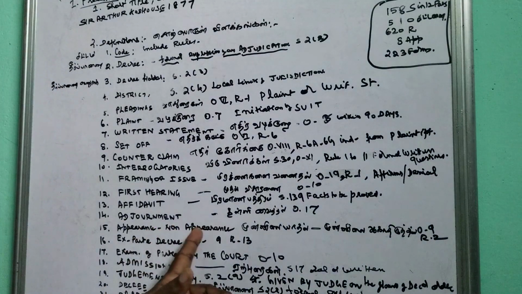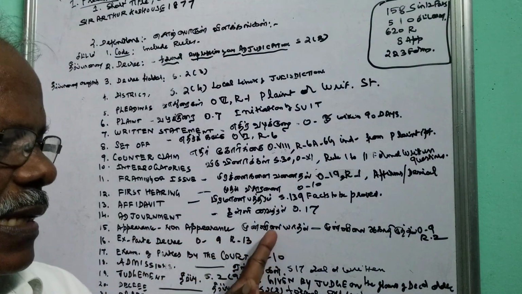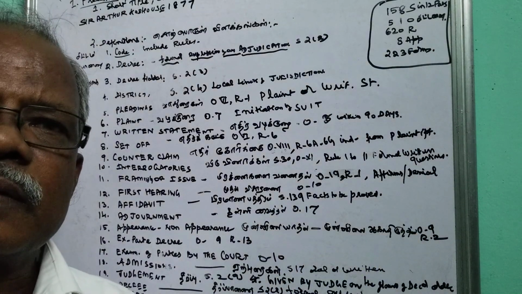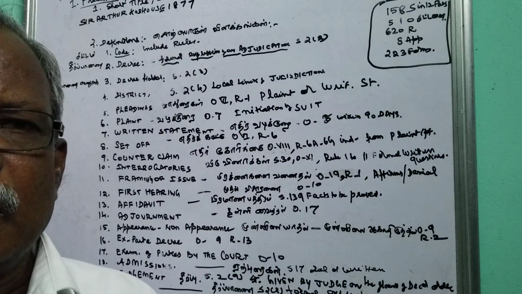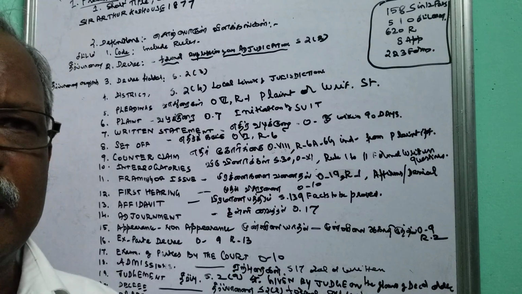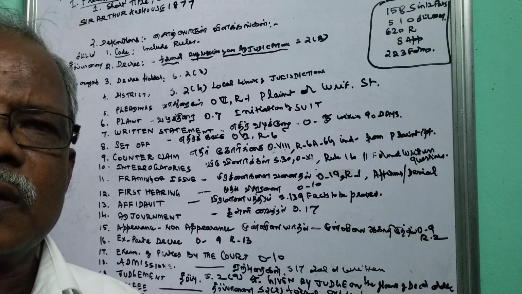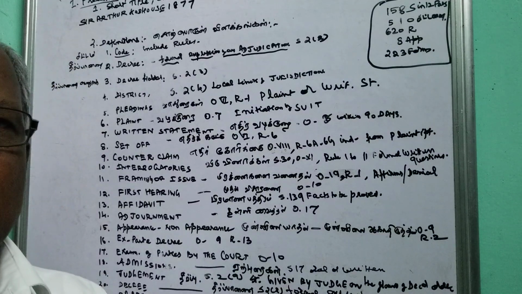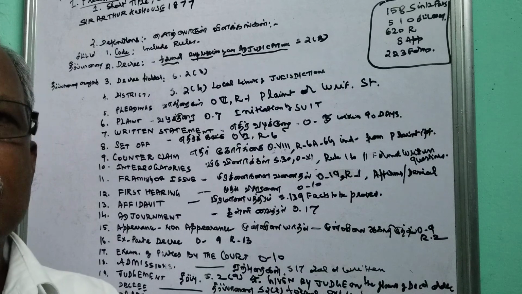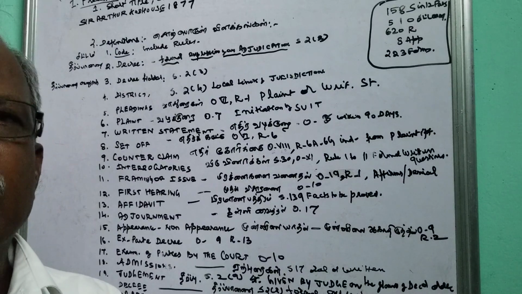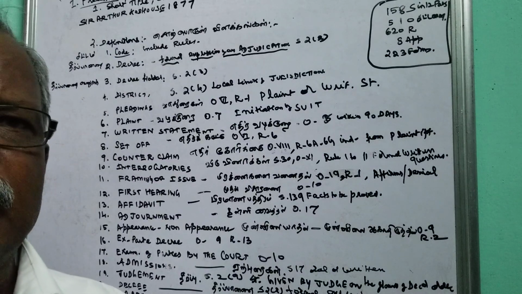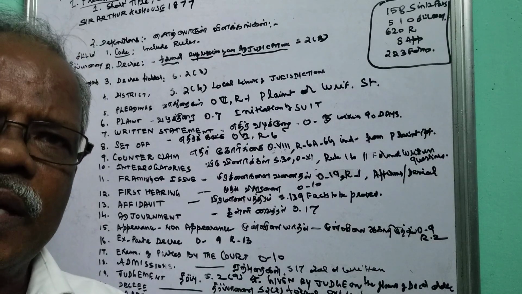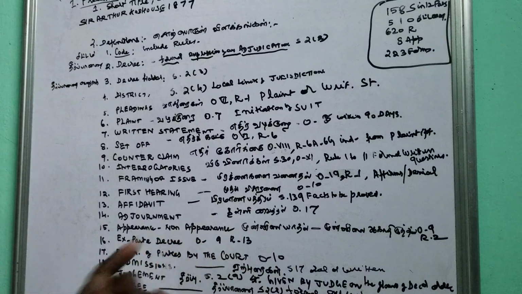Then appearance and non-appearance. This is according to Order 9, Rule 2. Whenever the court sends the summons to the defendant for appearance in court to depose the witness or depose at the hearing, what all the court asks the witnesses and other things, then it is known as the appearance.